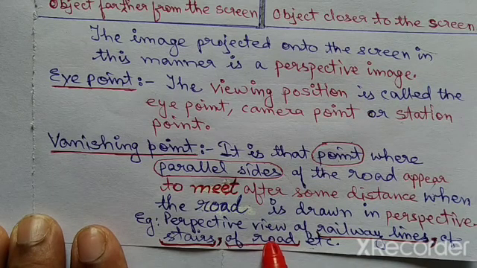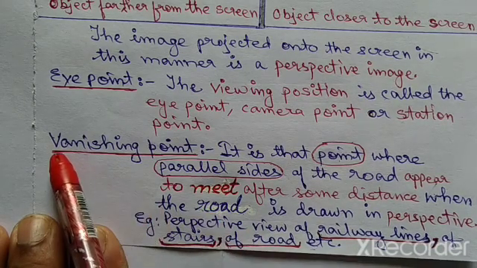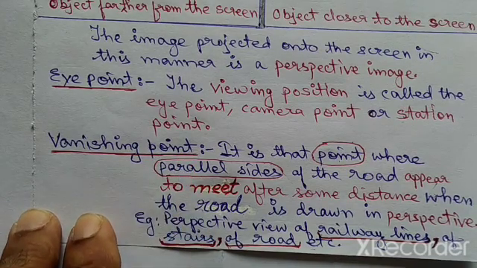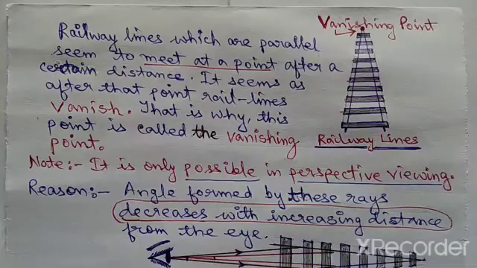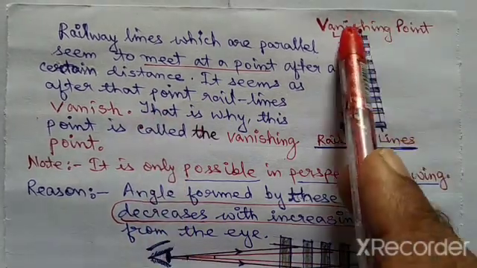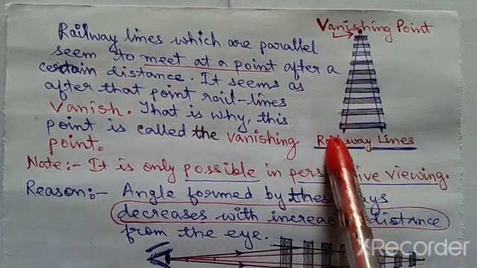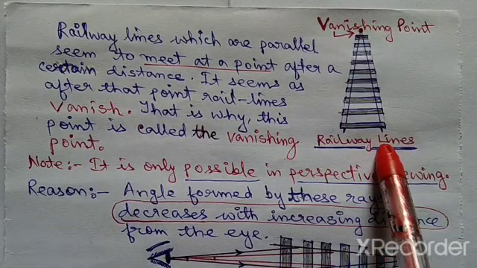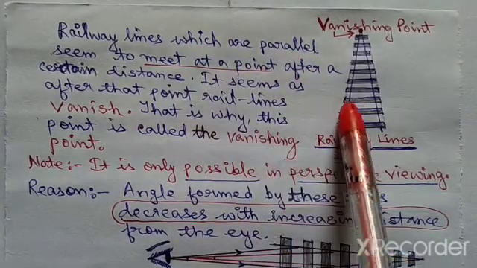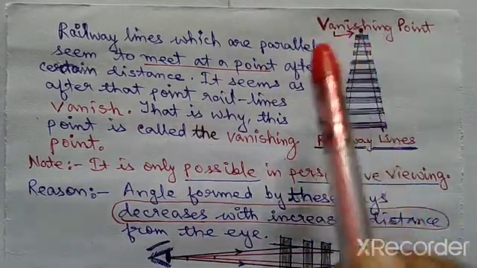These are the examples where you can see this vanishing point. Let me show you with the help of an example. Now look on the screen, children. Here is the diagram of the railway lines. Children, you have all seen them in your daily life. Now see, railway lines which are parallel. Now these two lines are parallel. You all know.